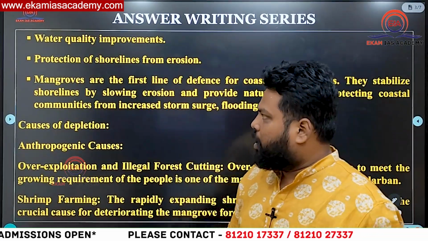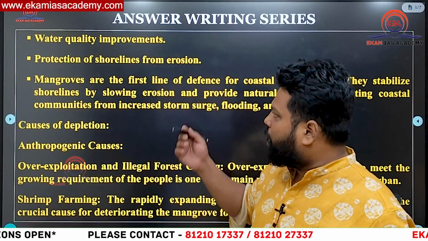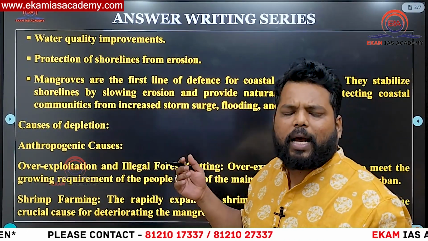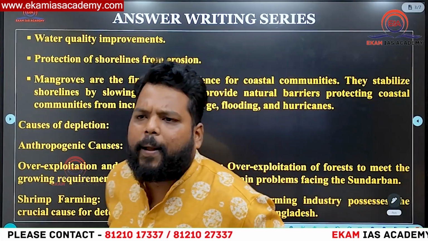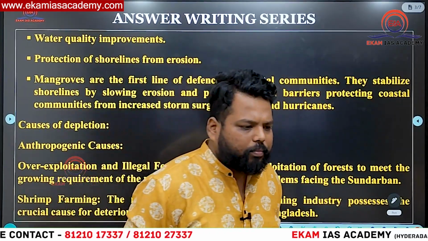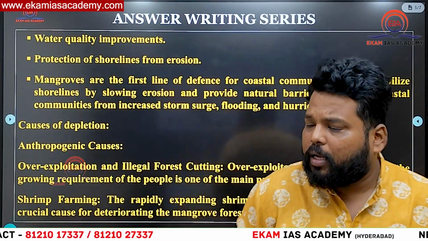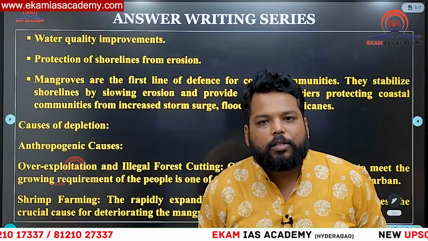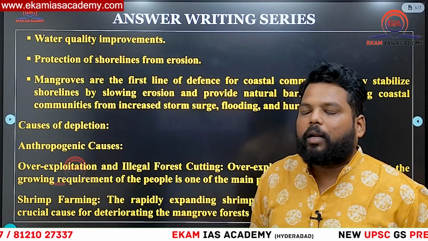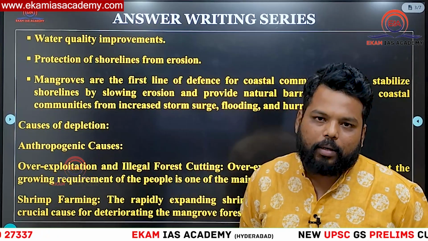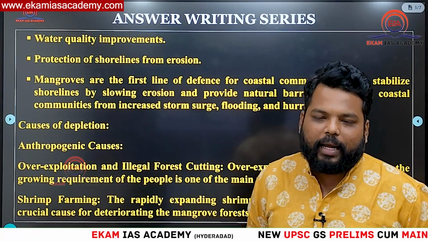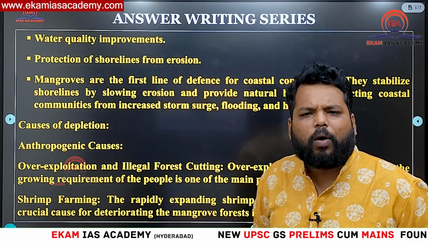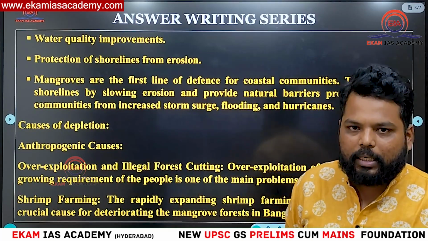And if you could see the water quality improvements, as I have said, these mangroves would be acting as a filter or aquifer, so it shall be helping us to make this water quality improvement happen. So due to the filtering aspect which happens along the mangrove, the water quality obviously would be increasing.